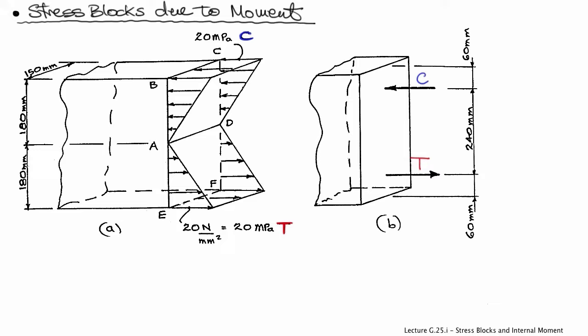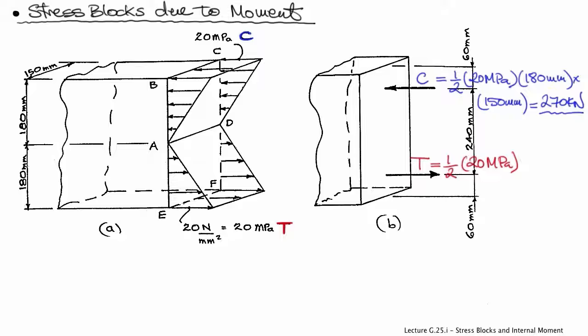And each of these two stress blocks will have an equivalent concentrated force, C and T, and we can calculate the magnitudes of these concentrated forces by determining the volumes of the two stress blocks. So in this case, the total compressive force will be equal to 270 kilonewtons, and the total tension force will also be equal to 270 kilonewtons.